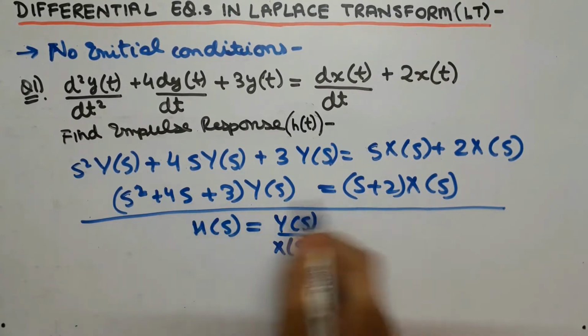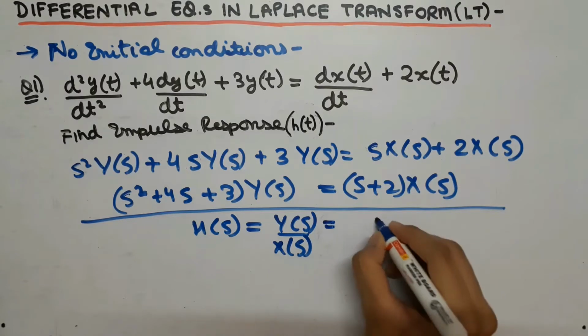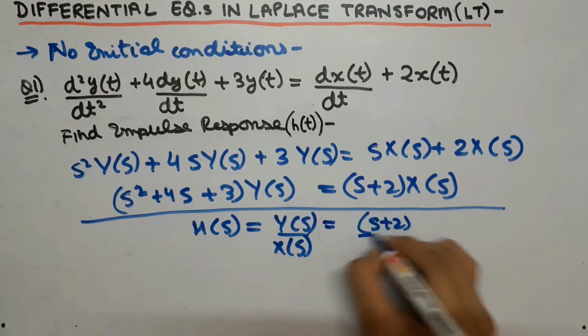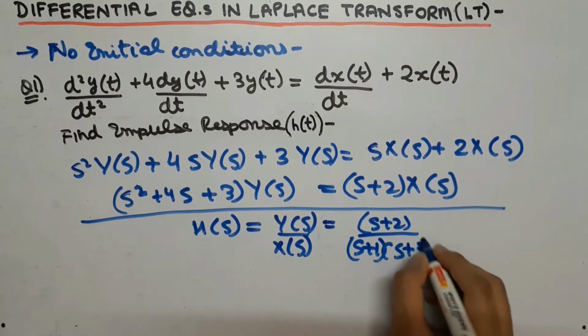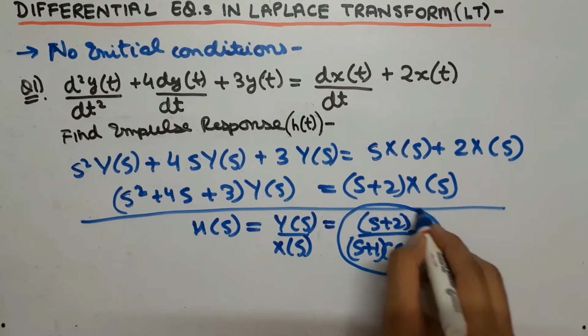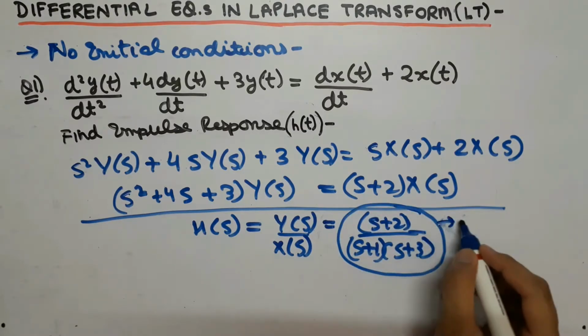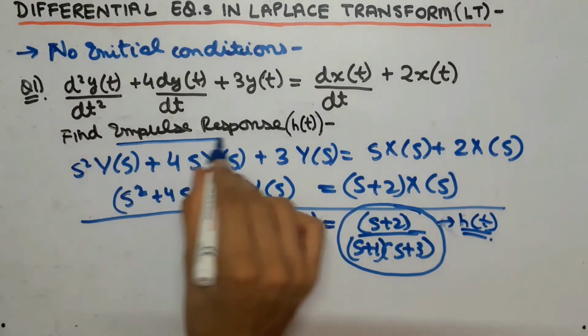So from this equation, you will get (s + 2) upon (s + 1)(s + 3). That is our value of H(s). Now we are going to perform inverse Laplace transform on this to get h(t), the impulse response.